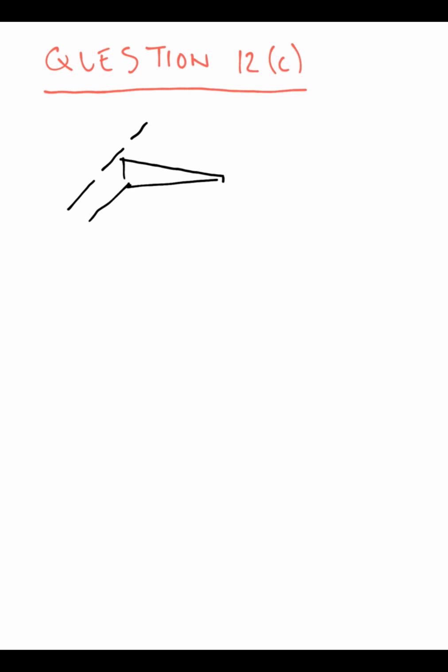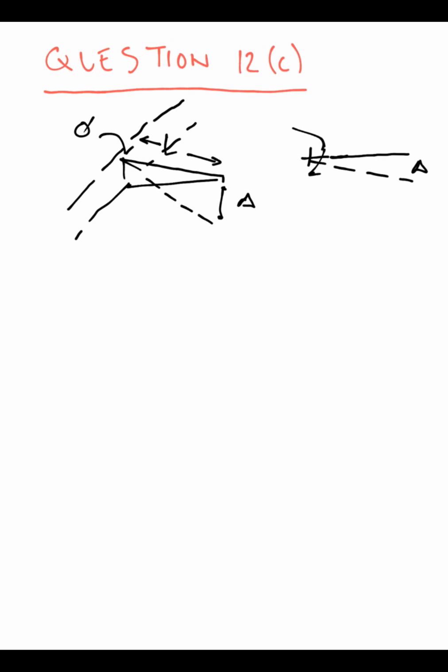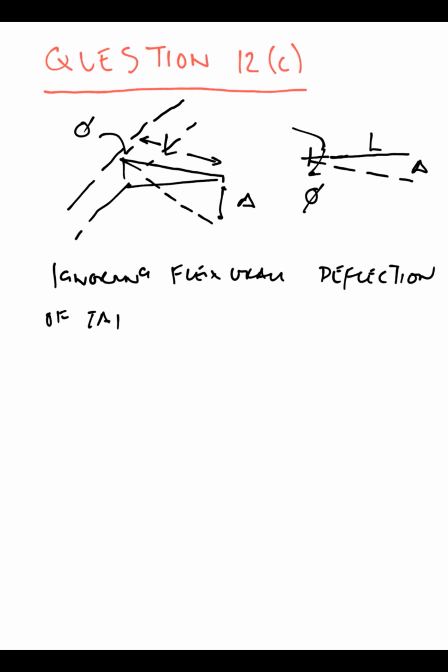Question 12c. We are going to compare the deflections at the tip of the tapered cantilever elements from the rotations, and we're going to obtain this by the cantilever span times the rotation.